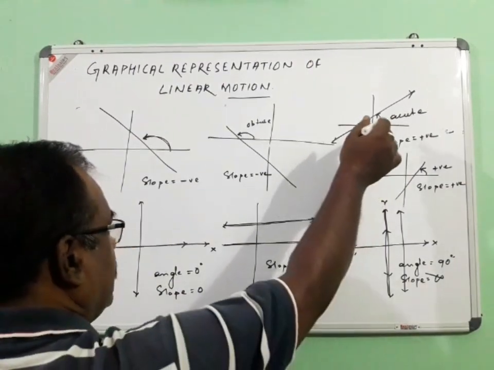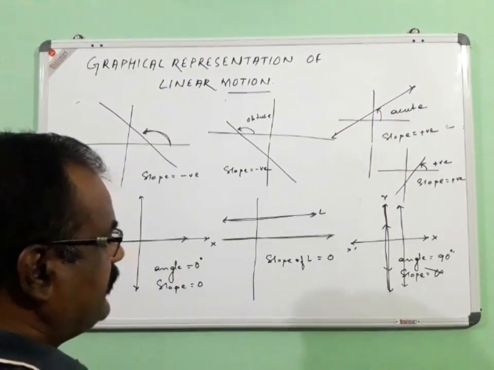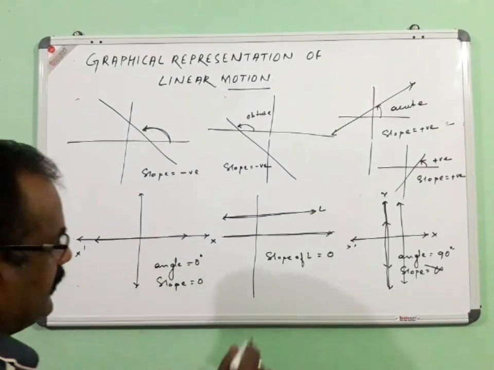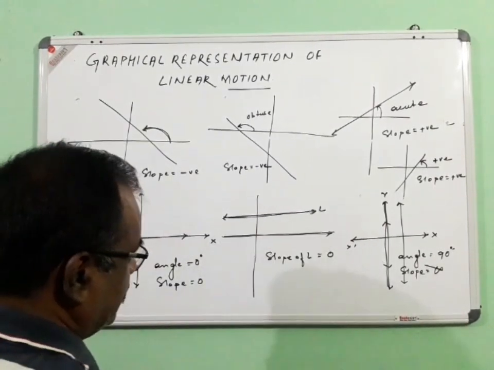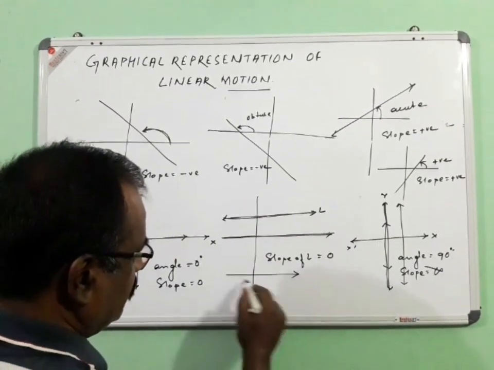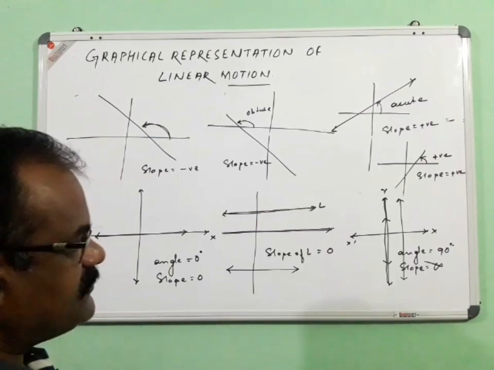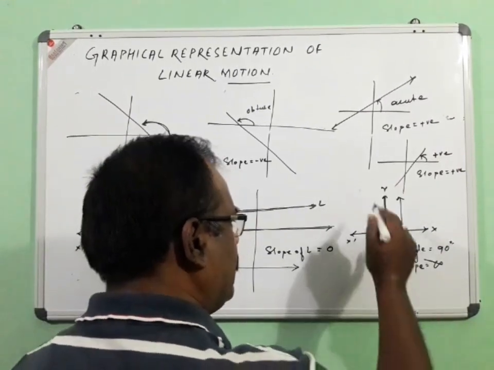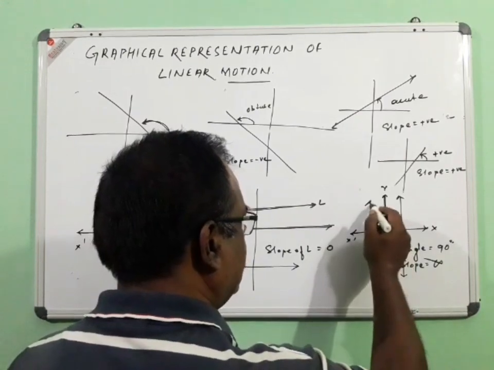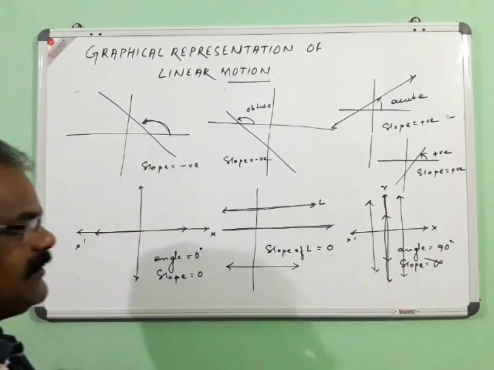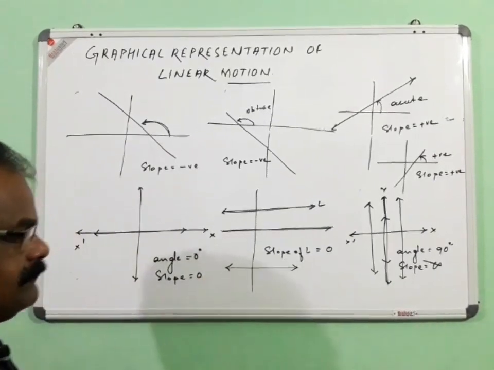If it is acute, then that is positive. If it is exactly on the x-axis, then the slope is 0. And when it is parallel to the x-axis, either on this side or this side, in both the cases the slope is 0. And similarly, when it is lying on the y-axis or parallel to the y-axis in any direction, then in such cases the slope is infinite because the angle is exactly 90 degree.